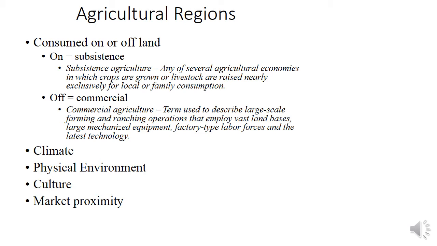If the product you are producing is very perishable, for example, it's going to be very important for you to be close to the market so that you can actually reap a profit off the stuff you sell before it gets damaged. And we'll look at some examples of that. But more ways to describe an agricultural region besides strictly climate, and a number of these factors are combined to help create maps like Whittlesey's agricultural regions map.